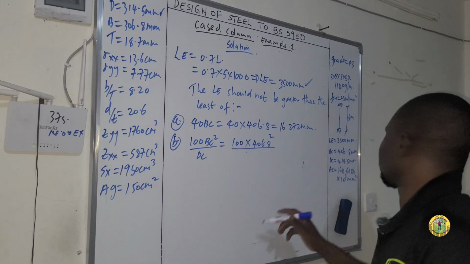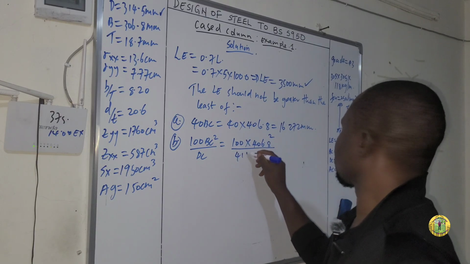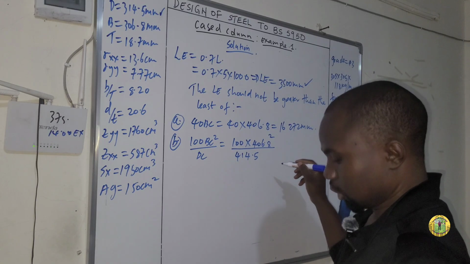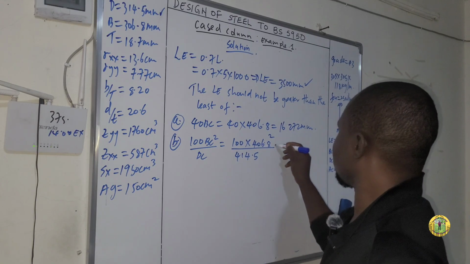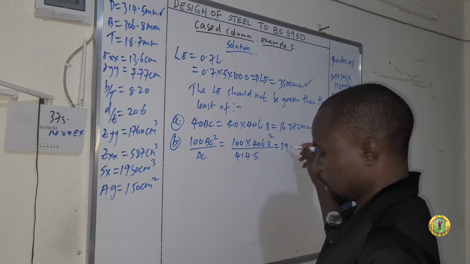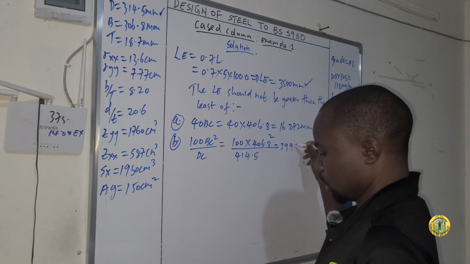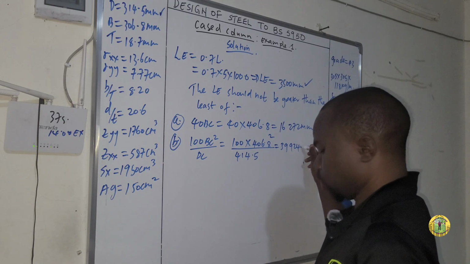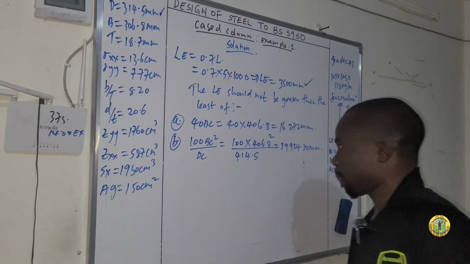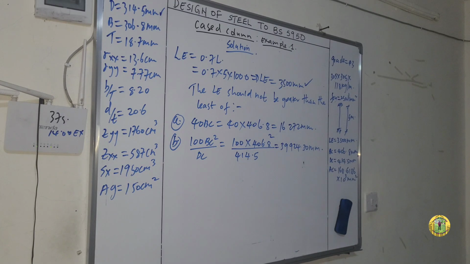DC is here, 414.5. So this one is equal to 39,924.30 millimeters. So this is B.